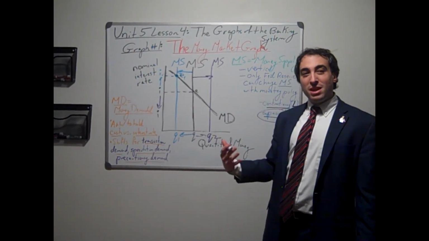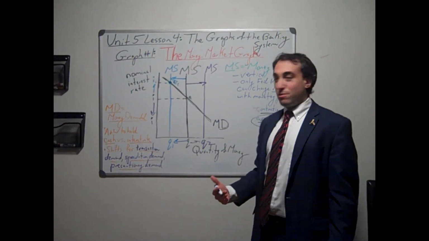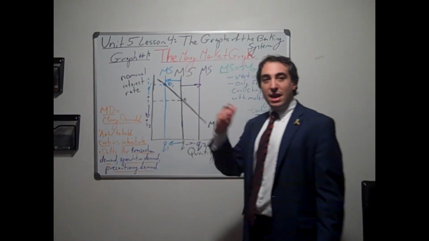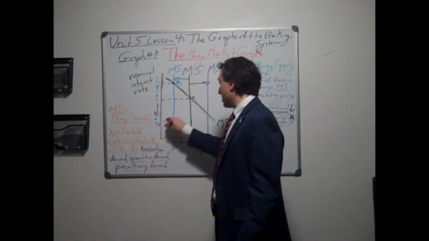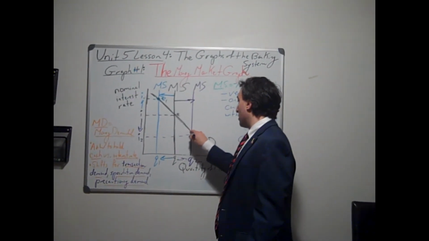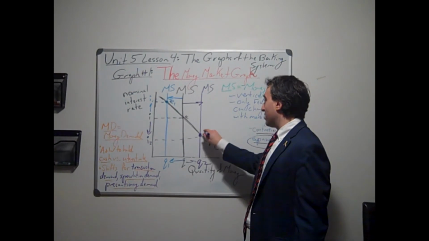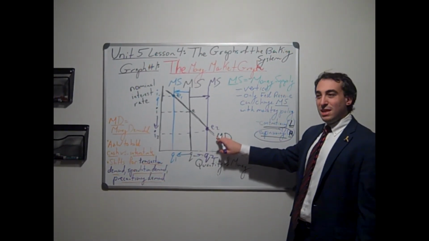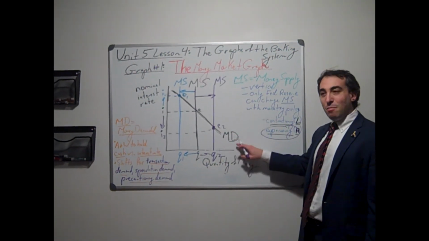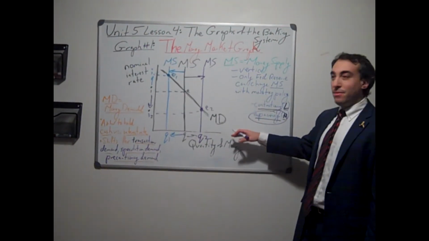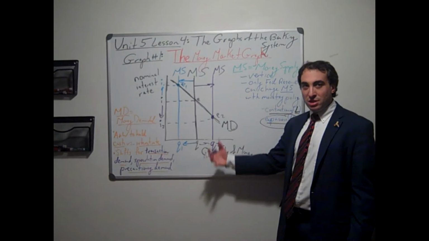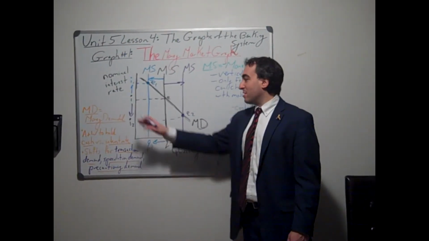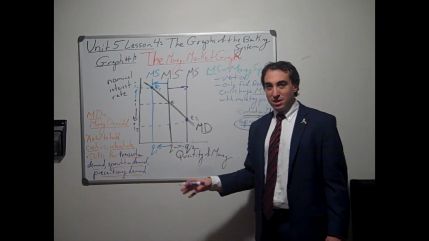How do you know we have more money? Here's lower nominal interest rates. Nominal interest rate decreases, and as the nominal interest rate decreases, this also increases the quantity of money demanded as M1, because now we have a lower opportunity cost to hold money as cash instead of savings, which now has a lower nominal interest rate.